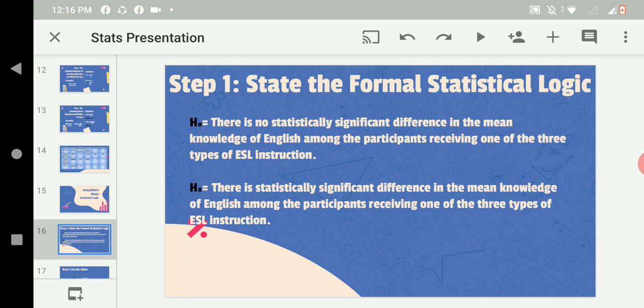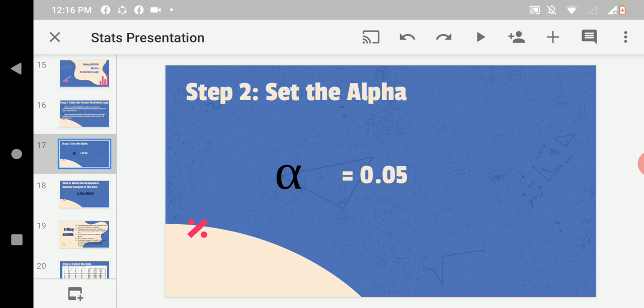Next, we have the alternative hypothesis: there is a statistically significant difference in the mean knowledge of English among the participants receiving one of the three types of ESL instruction. Now, step 2, we have to set the alpha. The alpha is 0.05, or 5%.